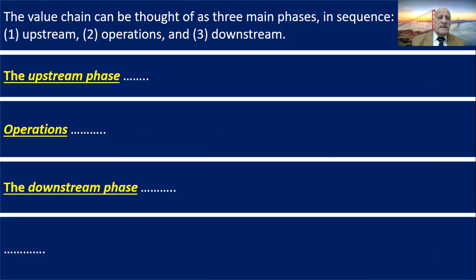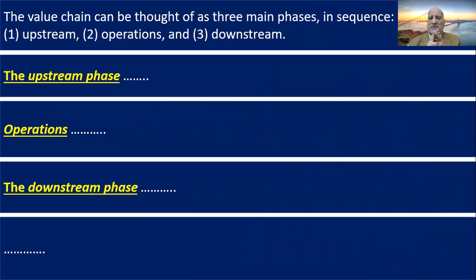The value chain can be thought of as 3 main phases in sequence. Phase number 1 is upstream. Phase number 2, operations.